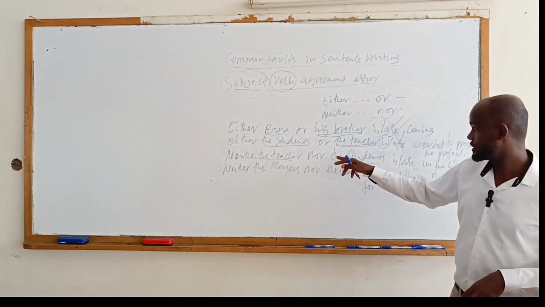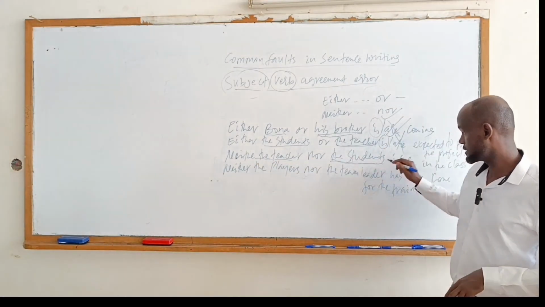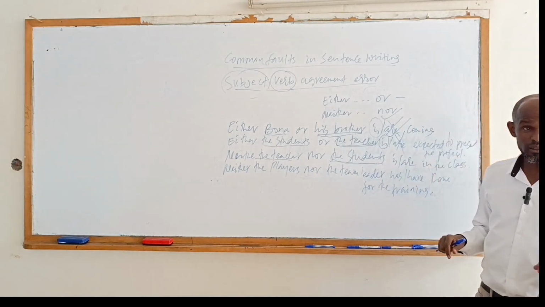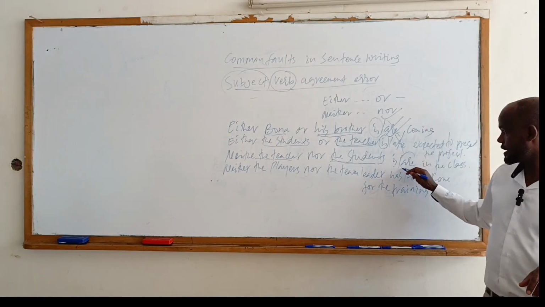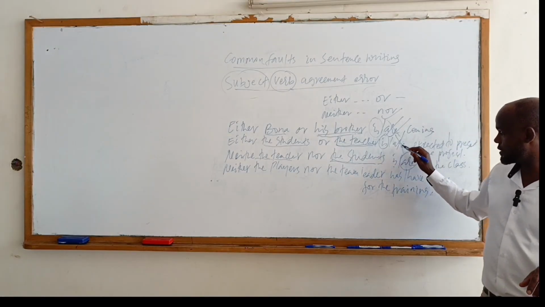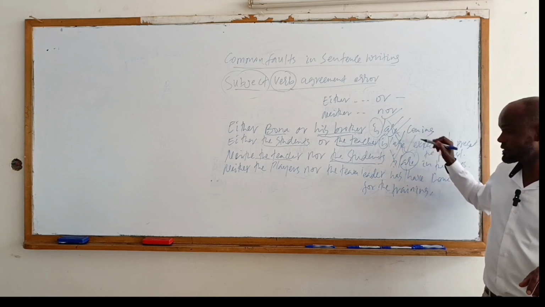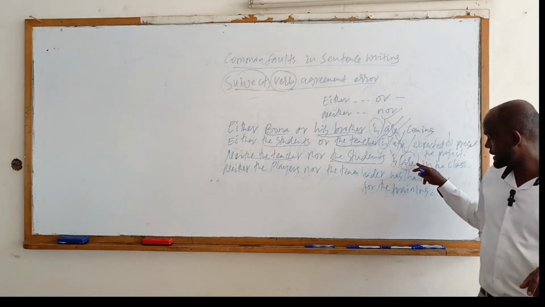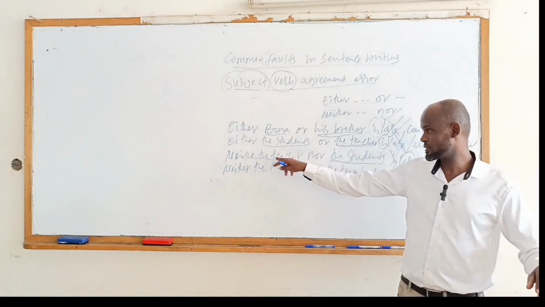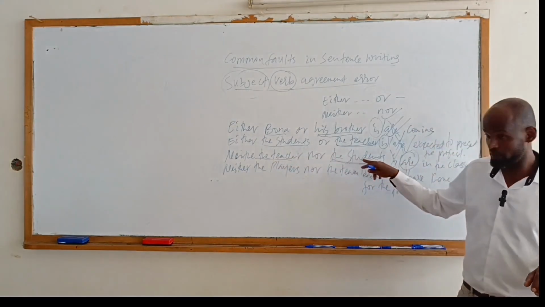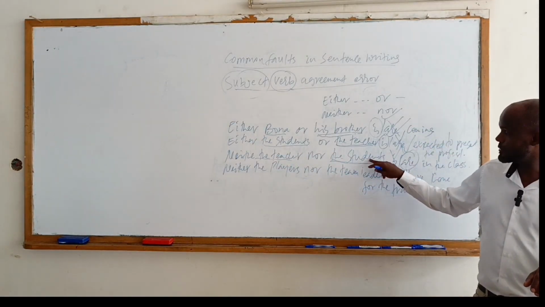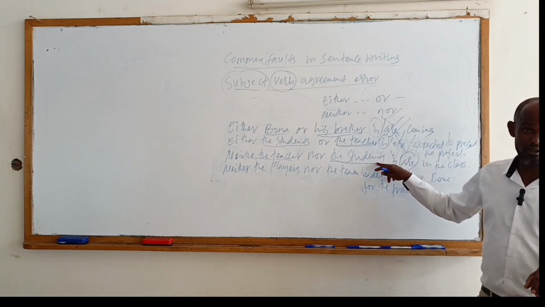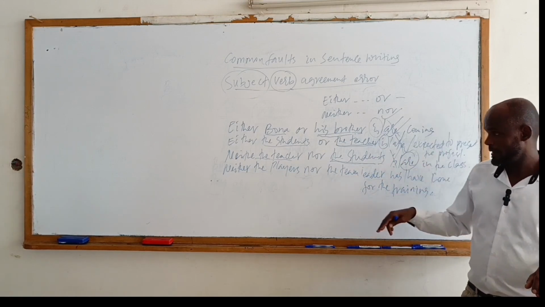Neither the teacher nor the students. Students is plural. Is or are? Are is correct. Now we cancel is because this is plural. We selected are not because we have a subject here and a subject here, but because the nearest subject is plural.